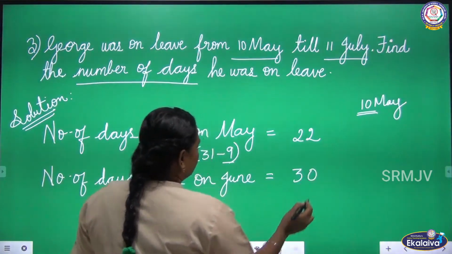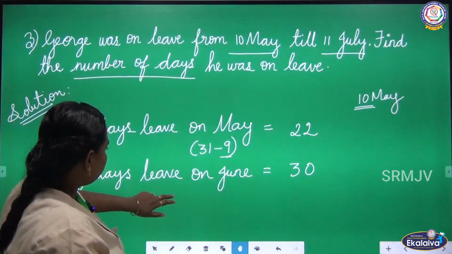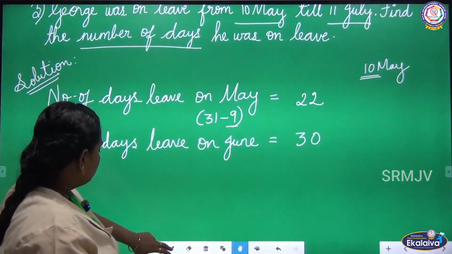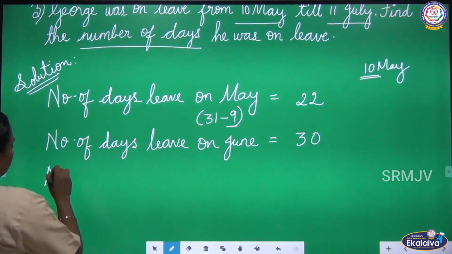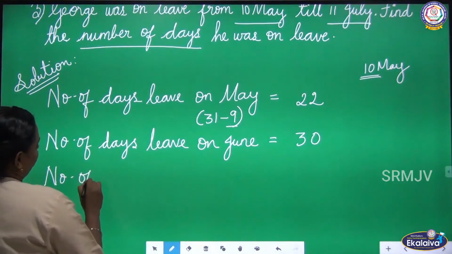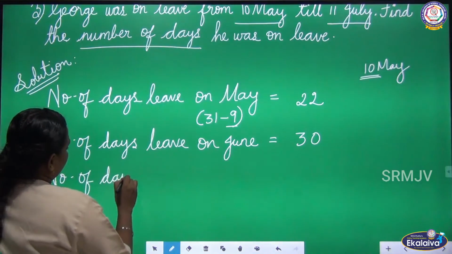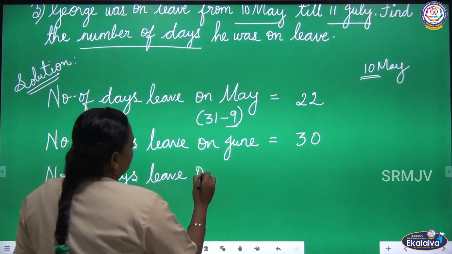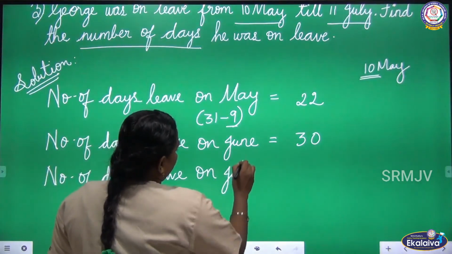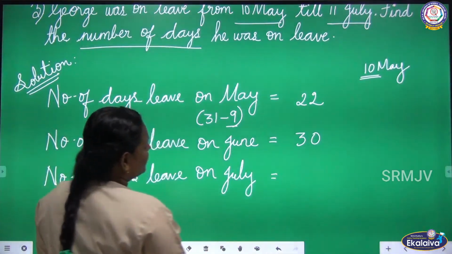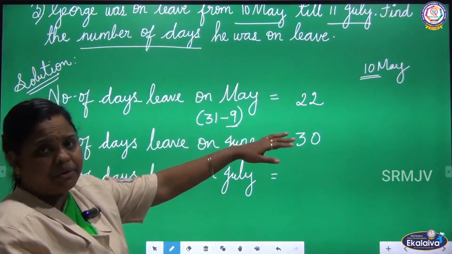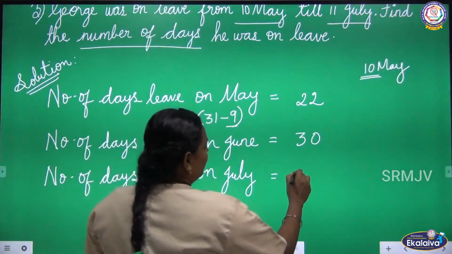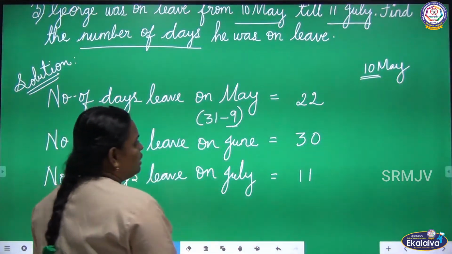So you can write 30. Then number of days leave on July. Till 11, so you can write 11 days in July month.